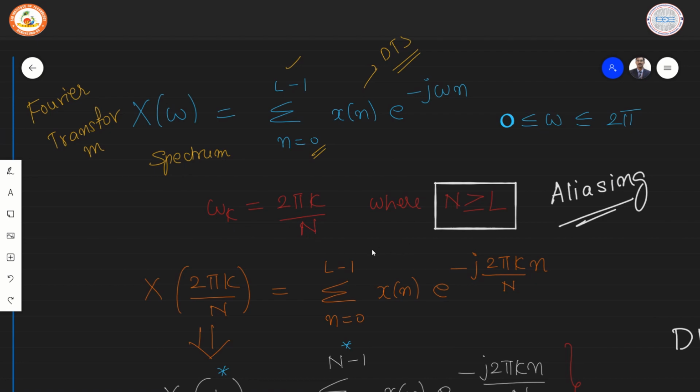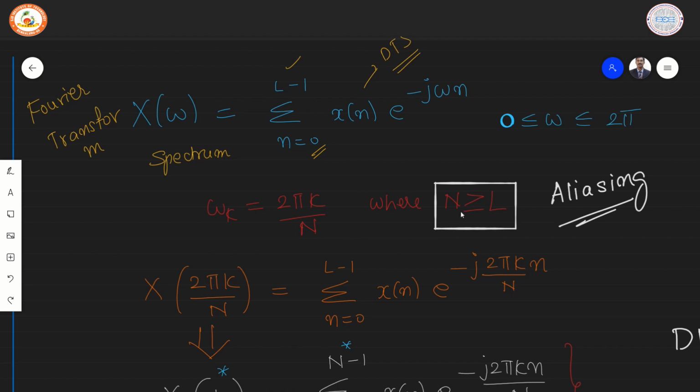and the condition we have learned is that we have to avoid aliasing in the time domain. So we considered a periodic sequence called xp of n, which is derived from x of n. Now, in order to obtain x of n from xp of n, the condition to be satisfied is there should not be aliasing in xp of n.